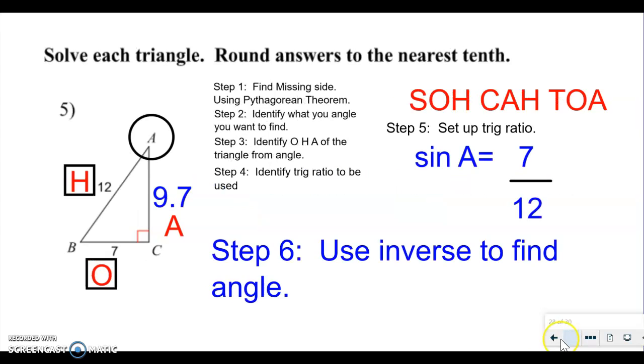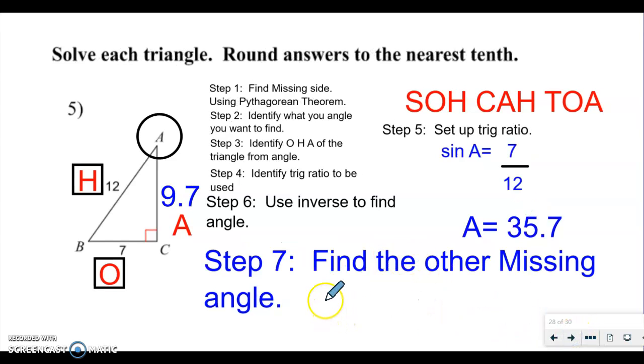Okay? All right. Now we're going to use this sine inverse to find the angle measure. So A equals sine -1 of 7 over 12. So you guys get that to be 35.7 degrees.